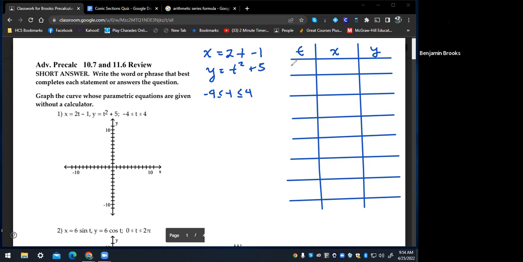All right, so let's walk through these real quick. So we got -4, -3, -2, -1, 0, 1, 2, and 3 and 4. I still want to make sure that you got a good idea of what all is going on here.